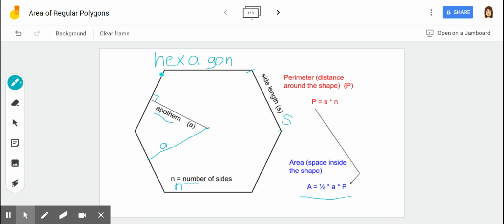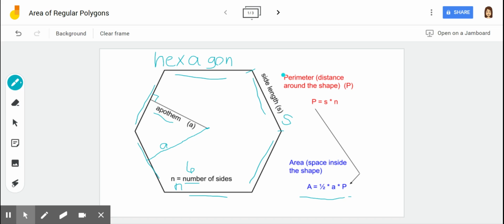So in this case, I have one side, 2, 3, 4, 5, and 6. So N is equal to 6.